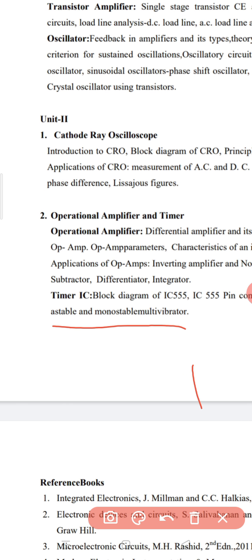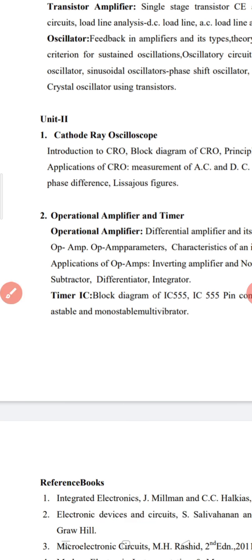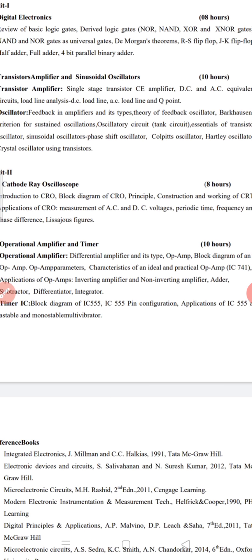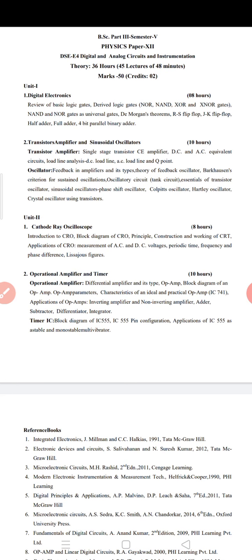So this is basically our whole syllabus. Please note it down, and make a separate book for this whole syllabus. Then there are reference books listed below. You can use one of them if you want, or I am going to give you notes.